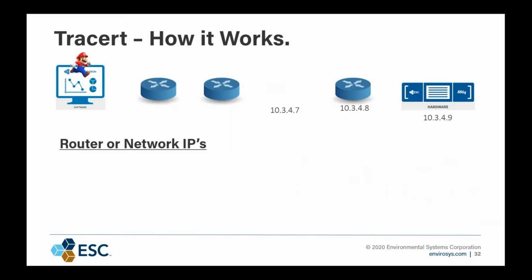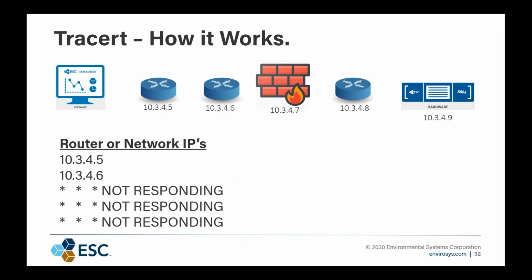And since I'm a visual learner and like knowing how things work visually, I kind of set this up for you guys. So this is what it looks like on Tracert and what happens when it fails. Just like the example before, you'd be letting your IT know that you failed at 10.3.4.6.